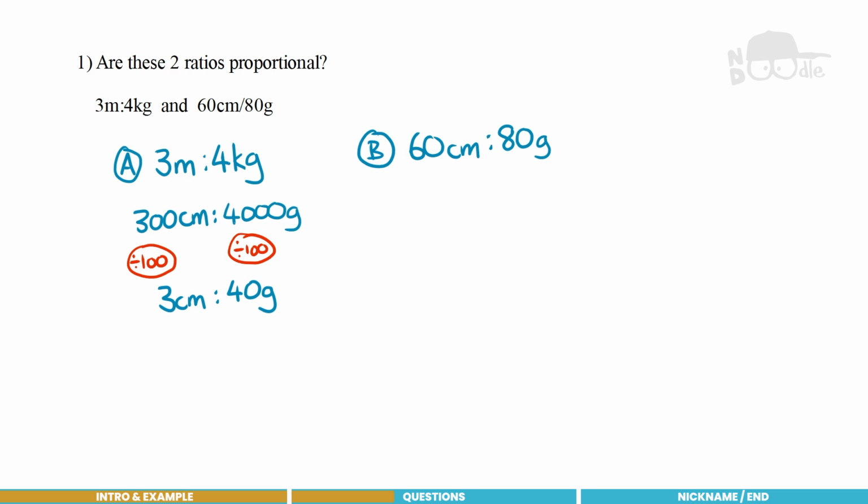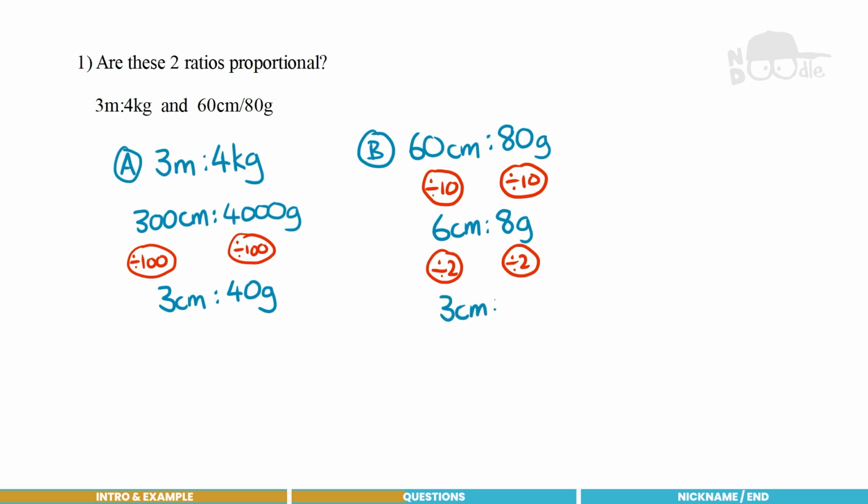Moving to ratio B, I can easily divide both sides by 10. This leaves 6 to 8. And these are both even, so I know I can divide further by 2. And that leaves me with 3 centimeters to 4 grams, which can't be simplified any further. So now we can see that these two simplified ratios do not match, so they are not proportional.